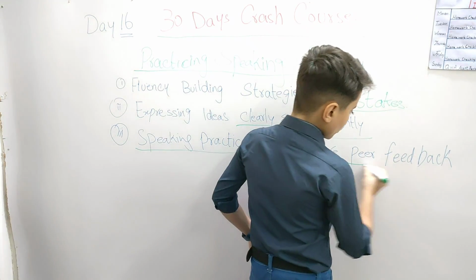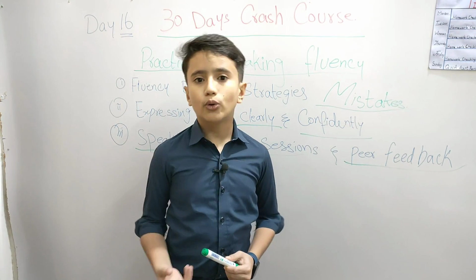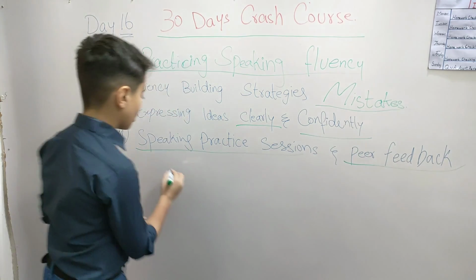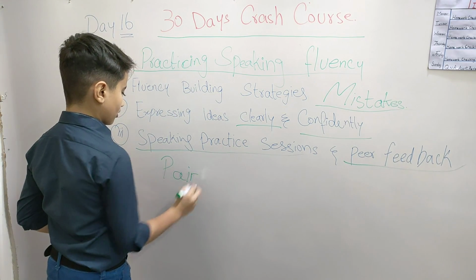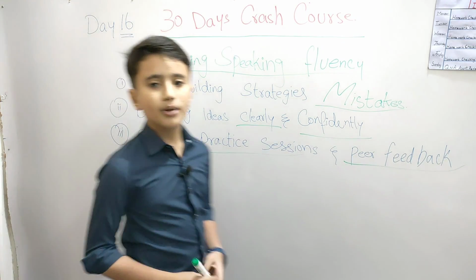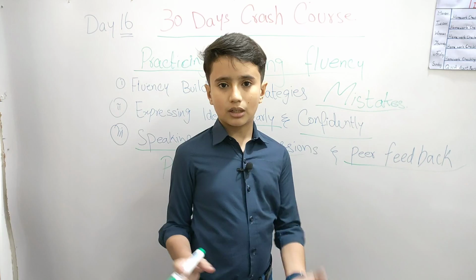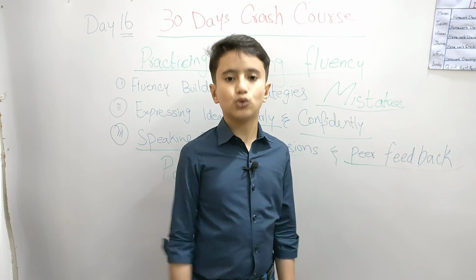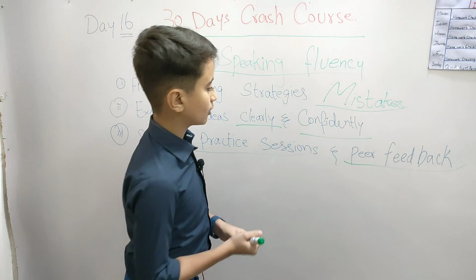Peer feedback. What's peer feedback? Peer feedback means, we all know about the word pair, for example. Pair मतलब दो की जोड़ी. जिस तरह a pair of shoes. एक like shoe तो एक को कहते हैं ना. A pair of shoes मतलब दोनों shoes जब एक साथ होते हैं तो a pair of shoes या set of shoes.